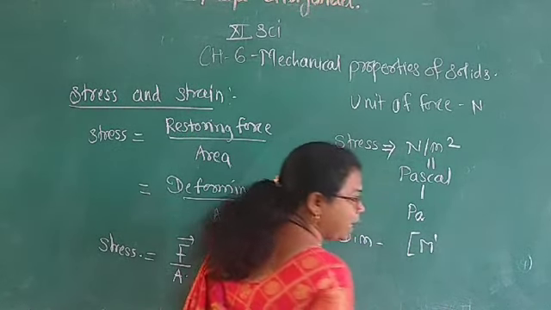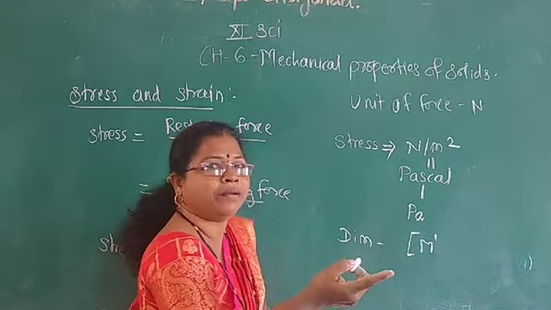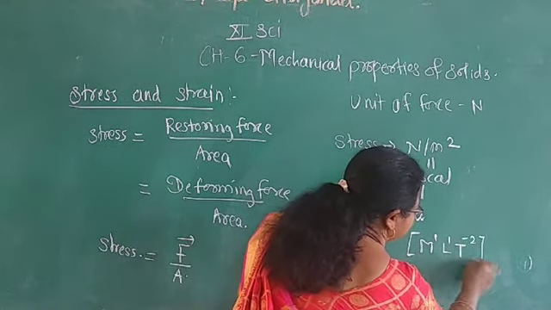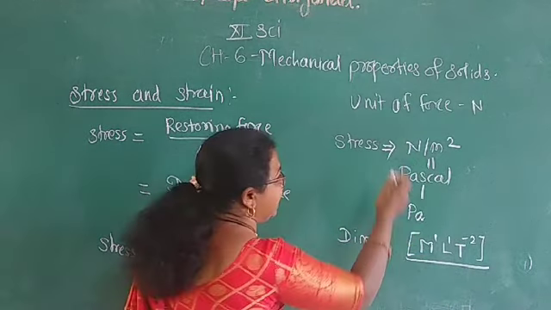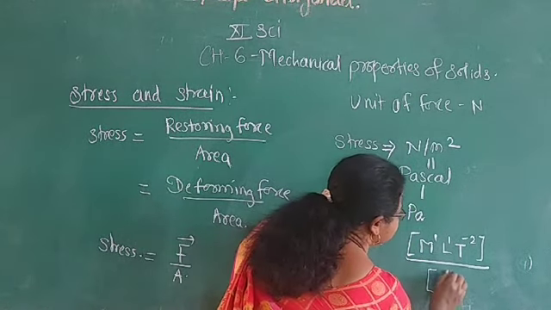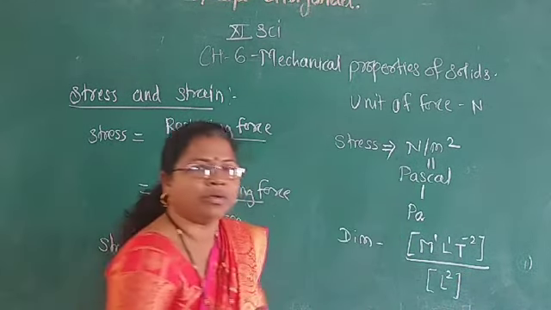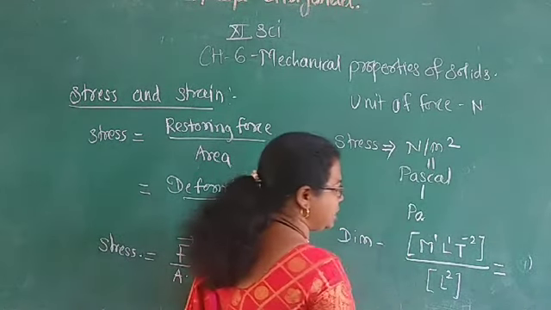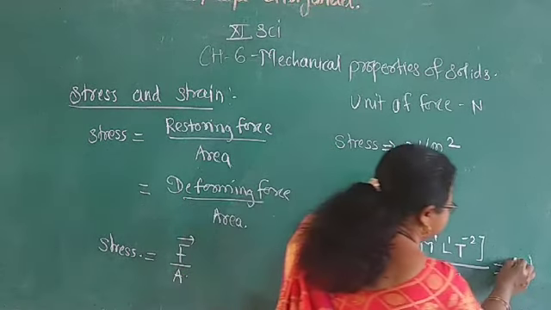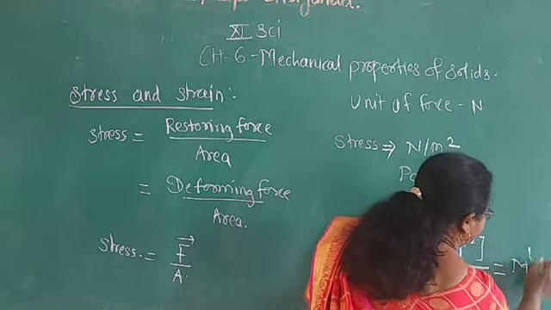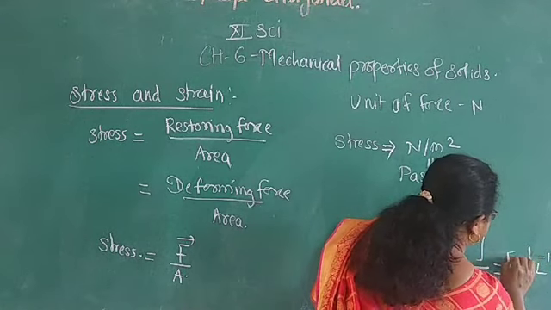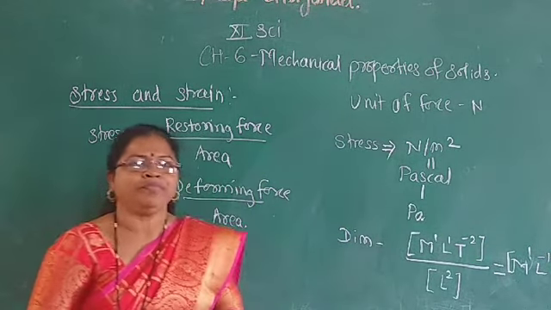Therefore, M raised to 1, acceleration is velocity per unit time, so L raised to 1 T raised to minus 2, divided by area, that means L raised to 2. Therefore, the dimensions of stress become M raised to 1, L raised to minus 1 and T raised to minus 2. These are the dimensions of stress.